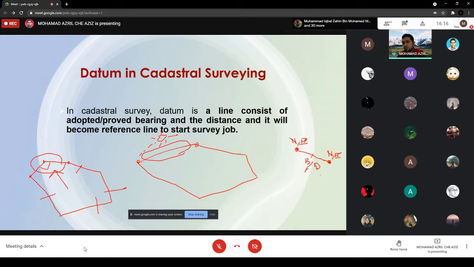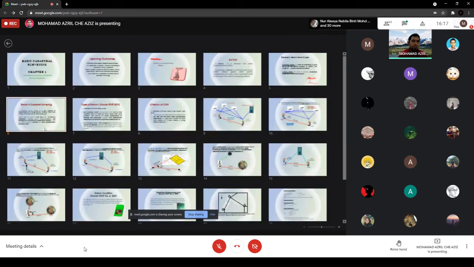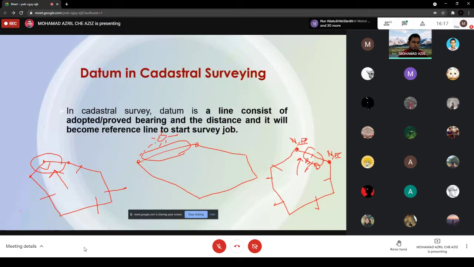Then the surveyor can use this station as a datum and do the traversing. So all the lines here will follow the datum using CRM. This one is 3 boundary marks, this one 2 boundary marks, and 2 boundary marks plus 1 solar observation.